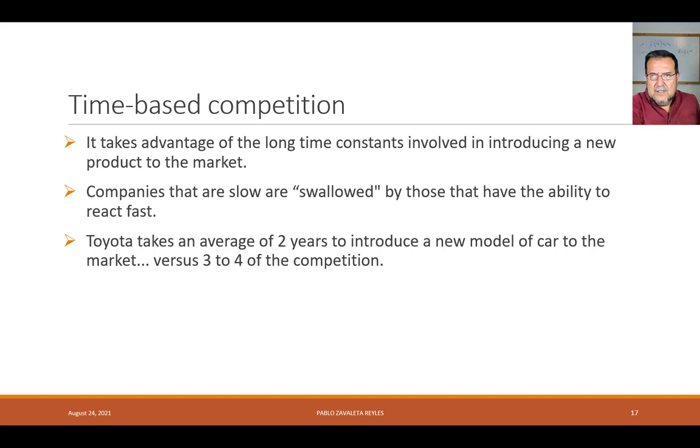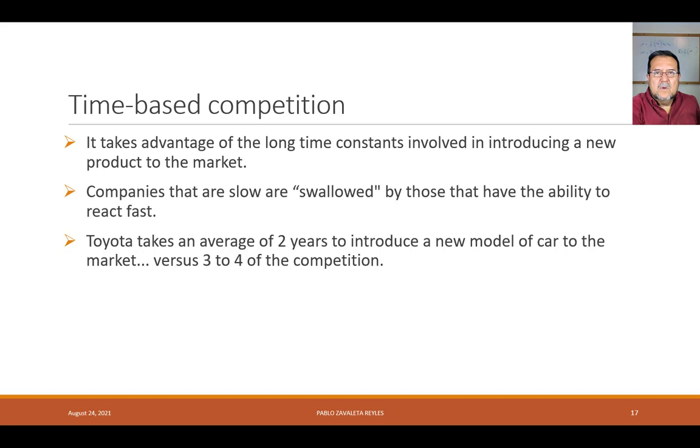For example, in cars, 3 to 4 years for Ford, General Motors, etc. Toyota uses less than 2. And those numbers need to be updated. That's what the book says. But the book is a little bit outdated, perhaps by some 20 years.